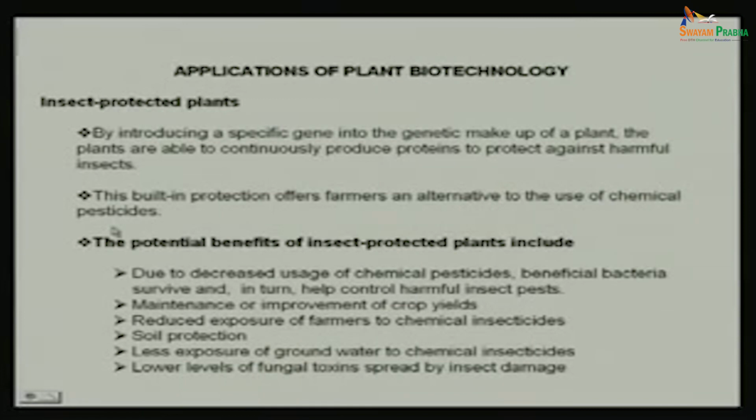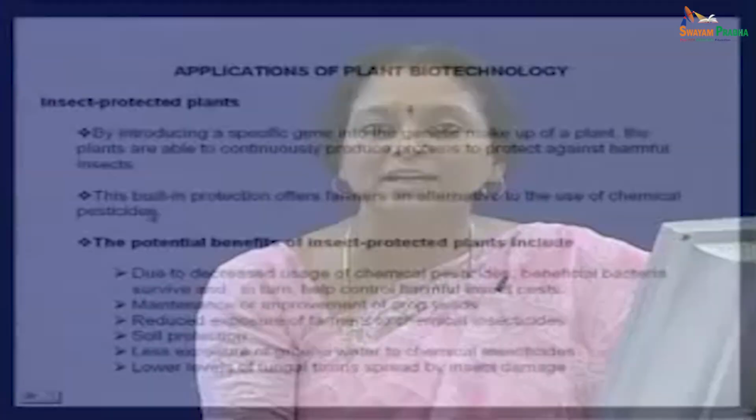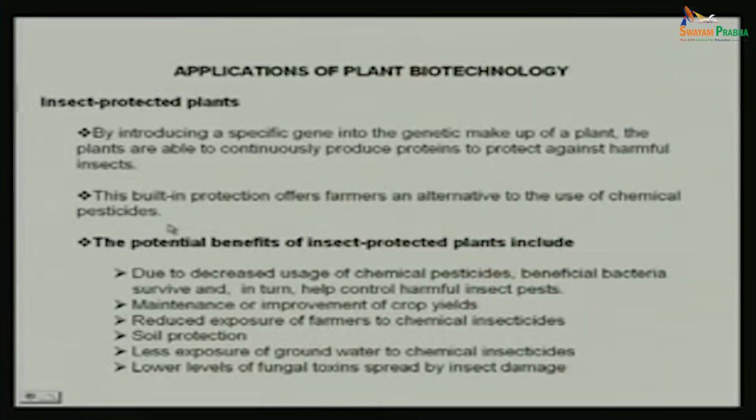That means the toxins are inbuilt, and when pests come in contact with them, they are taken care of automatically. So, obviously, the farmer need not spray chemical pesticide. What is actually happening if chemical pesticide application is reduced? Due to decreased use of chemical pesticide, beneficial bacteria which are present can survive.